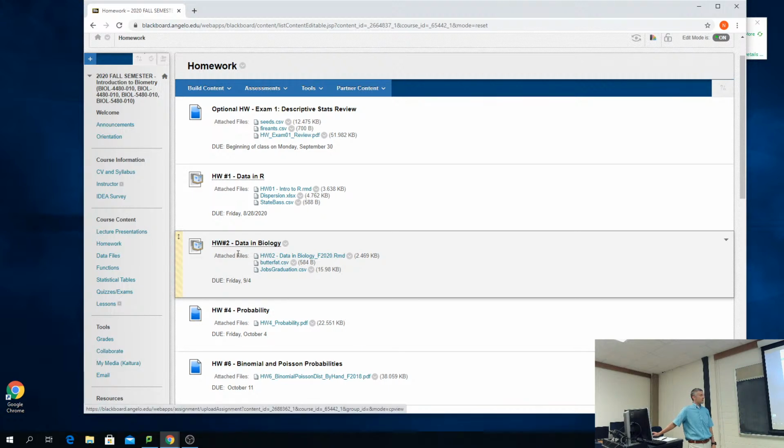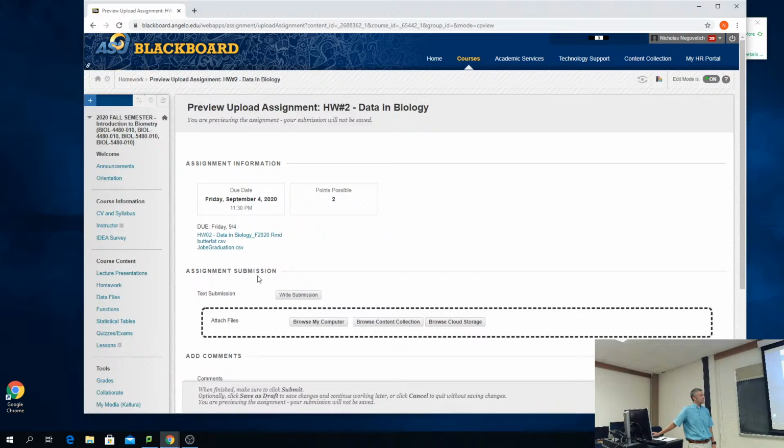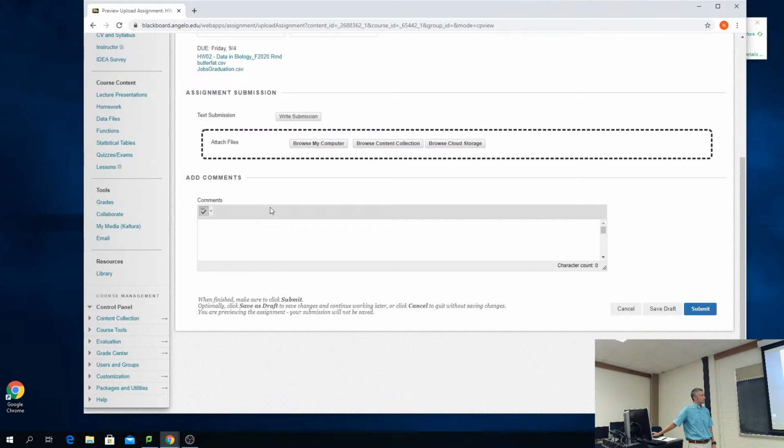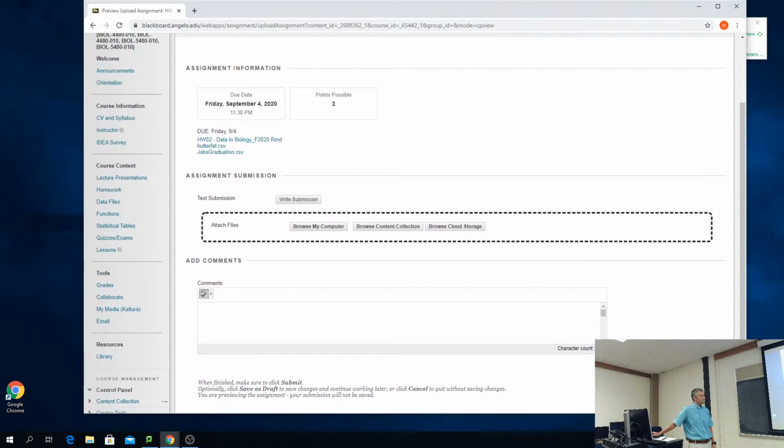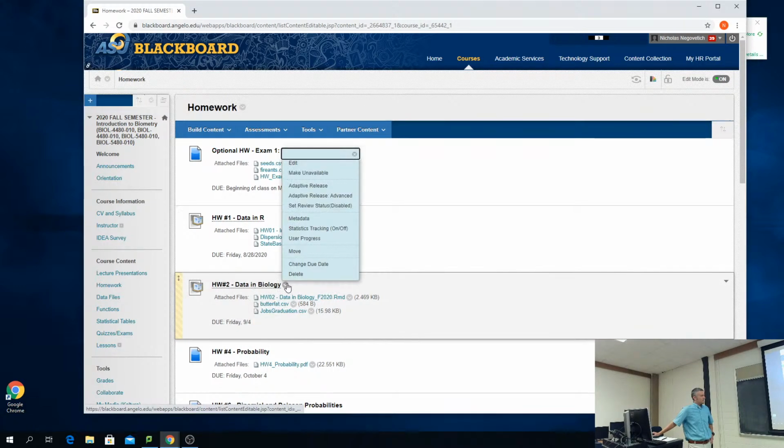It's going to be due on Friday, just anytime during the day, and I believe I had it set up correctly. The first one I messed up, but I believe I have it set up for multiple submissions. So if you upload the wrong file, you can easily just correct it and re-upload it. If it doesn't, just let me know. I normally do that.